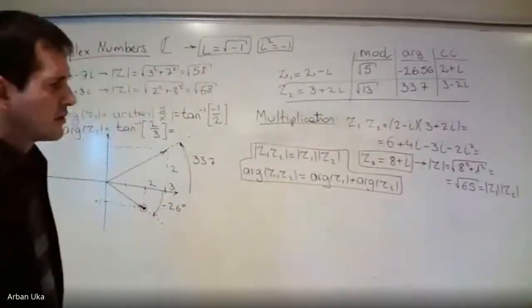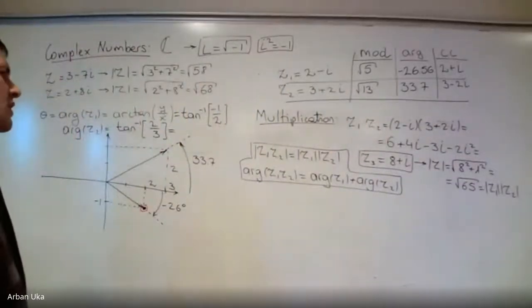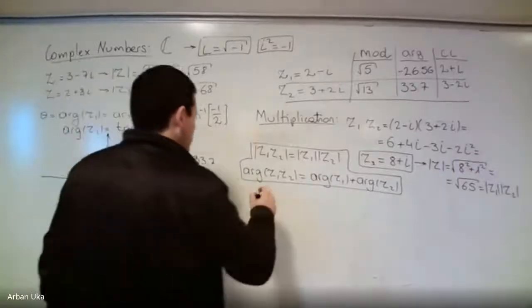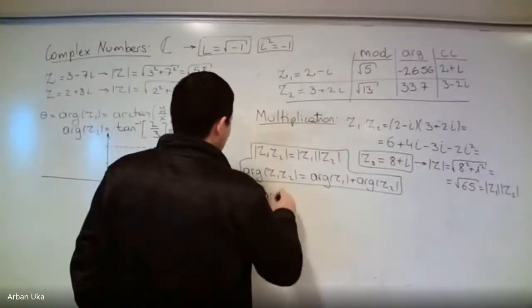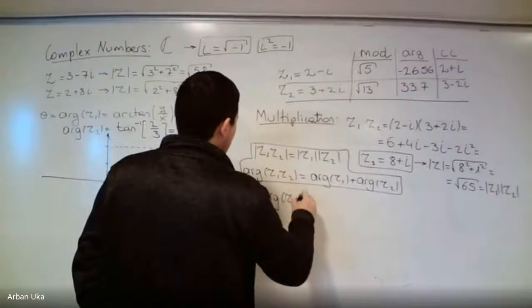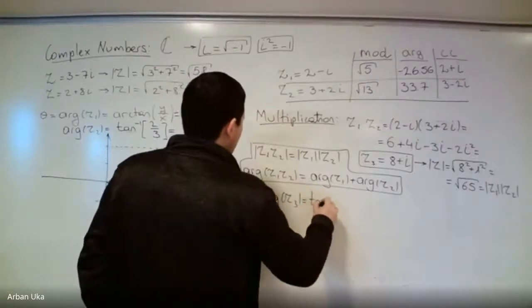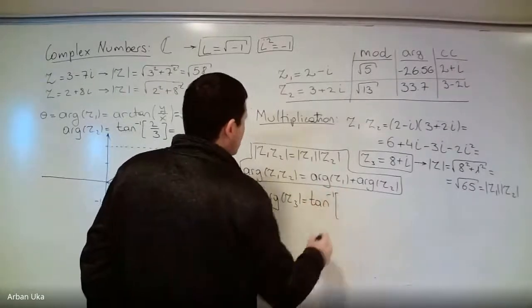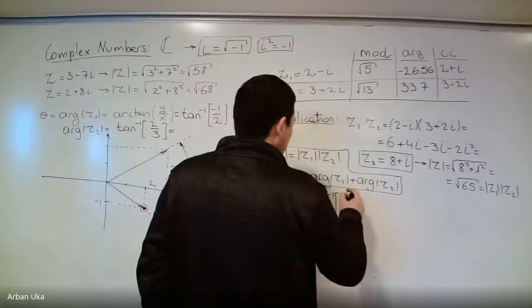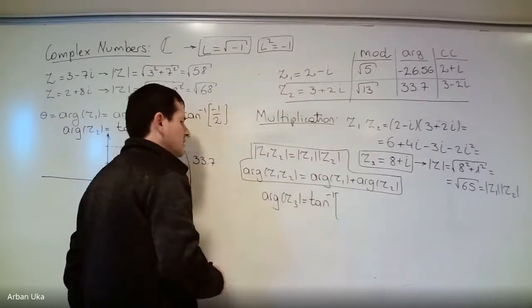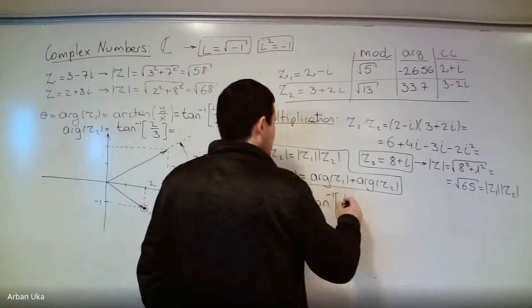That one is confirmed. Now, we can also try to find the argument of Z3. Here, the argument of Z3 would be equal to the tangent inverse of the imaginary part divided by the real part, which is 1 over 8.